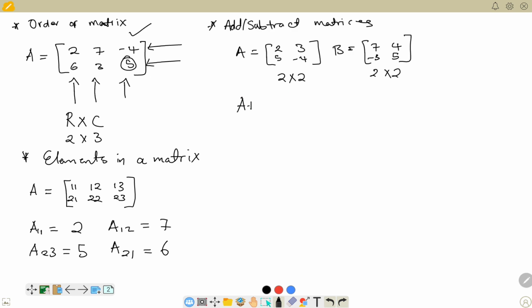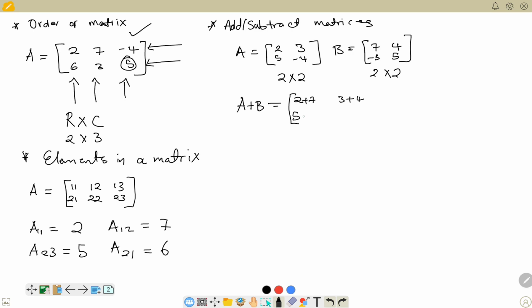And how do we add them? We just say A plus B. So we add the same elements together, by the position of the elements. We can see that here 2 is 1 1 and 7 is 1 1, so we're going to add them together. So it's going to be 2 plus 7. Then we can see 3 and 4 are in the same position, so it's going to be 3 plus 4.